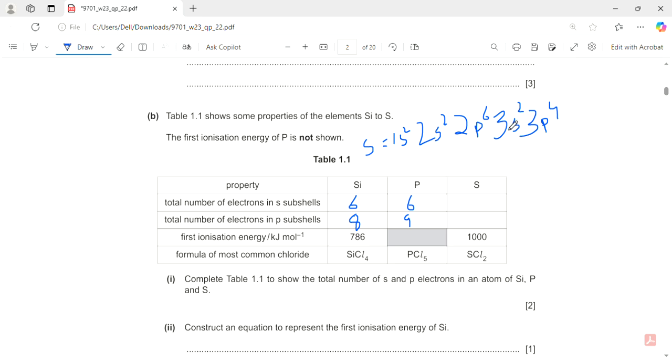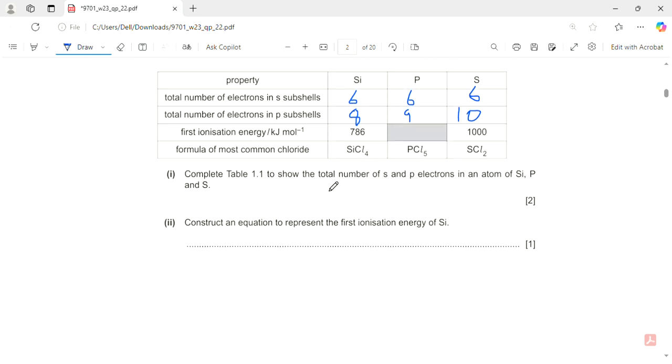So how many electrons in the s subshells? 2 plus 2 plus 2 is 6. And the p? 6 plus 4, 10. So here we have done. Now move to the next part.